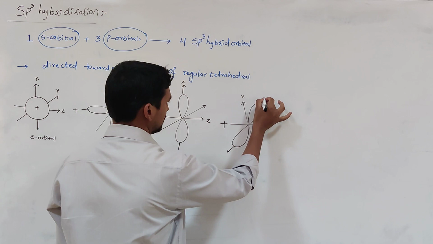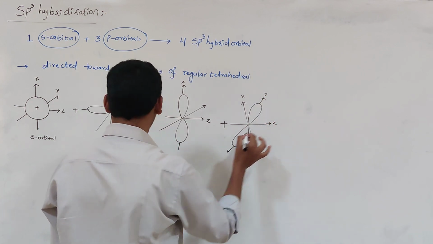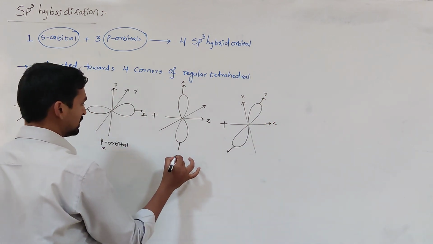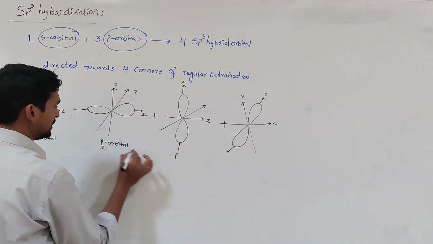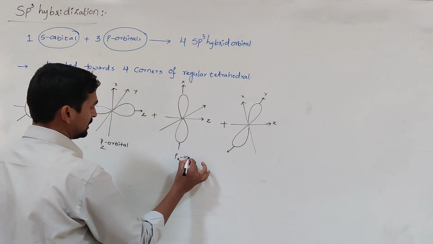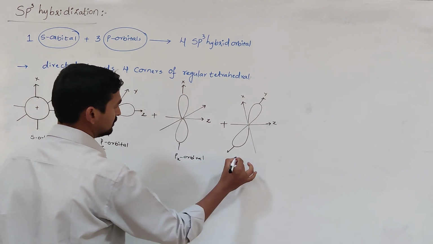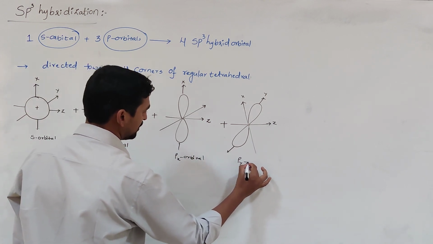Say this is the px orbital, this is the pz orbital, the px orbital and the py orbital.